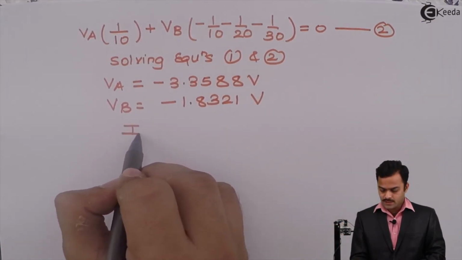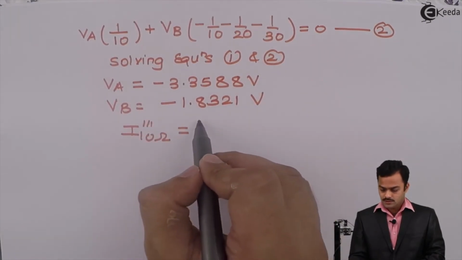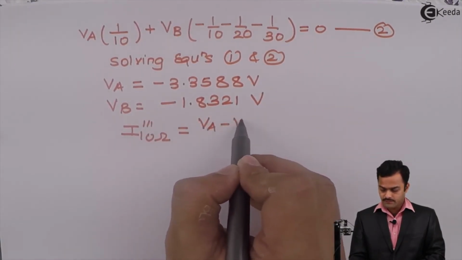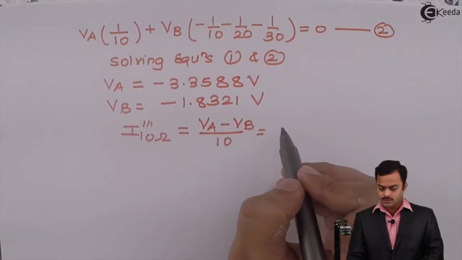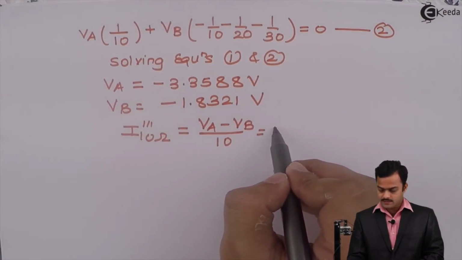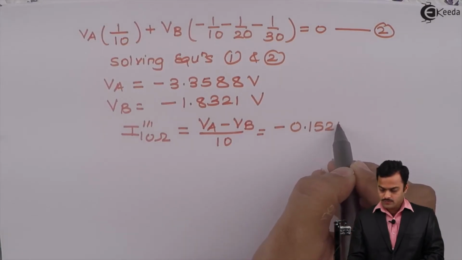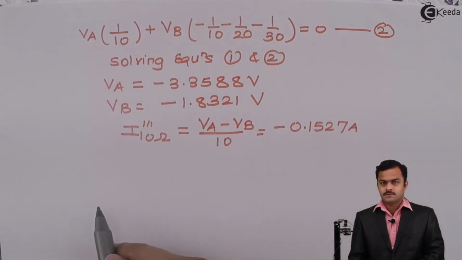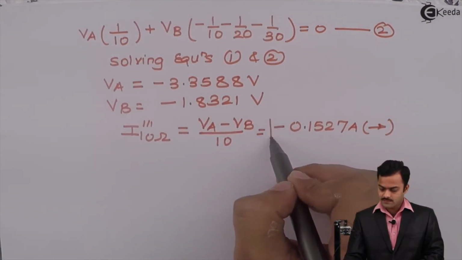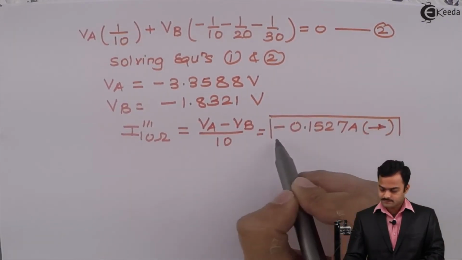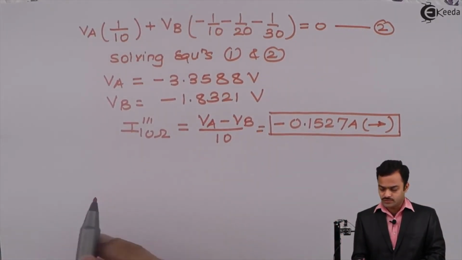Our job is to get current flowing through 10 ohm because of the third source, and that is VA minus VB divided by 10. So if I substitute VA and VB, I will get the answer minus 0.1527 ampere. Though it is a minus, still I will consider the direction same as the marked one. So this is the third and last part of the solution.